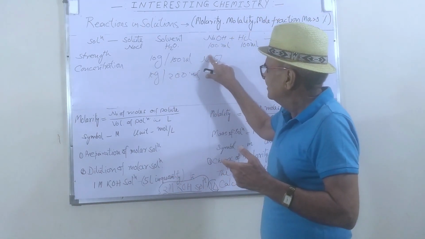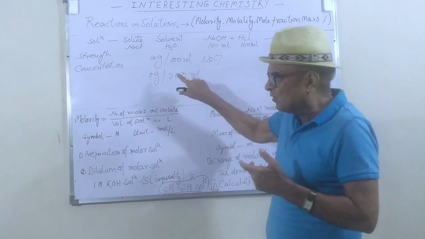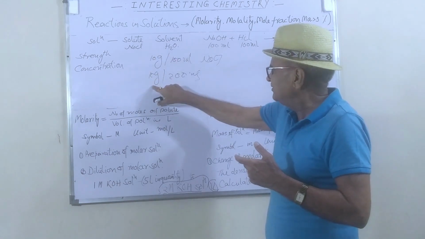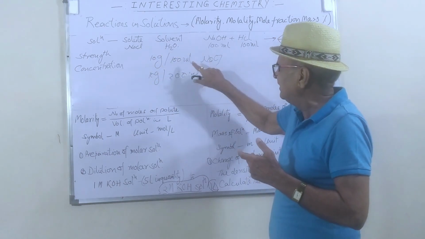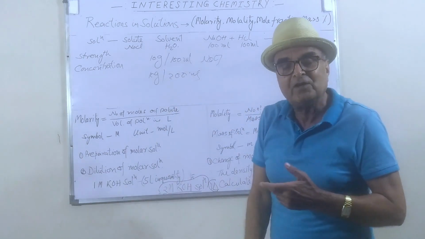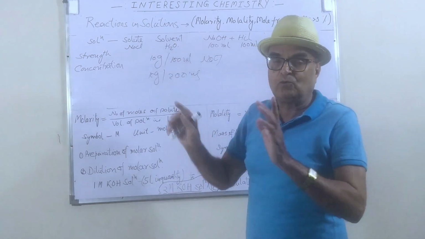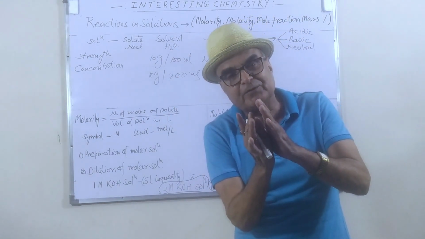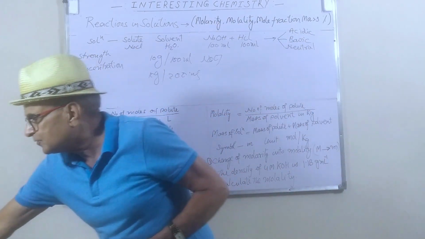The strength of both solutions is different, because the amount is fixed here, but the volume is different: it's 100 milliliter here and 200 milliliter there. So the volume of the solvent also plays an important role in showing the strength of the solution.